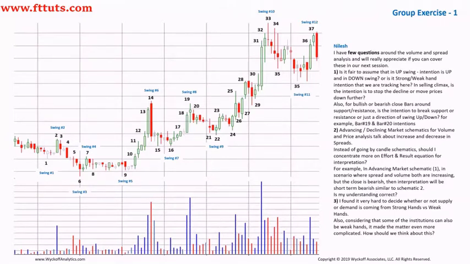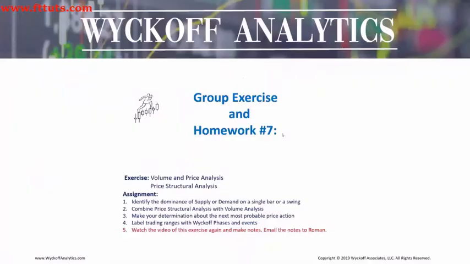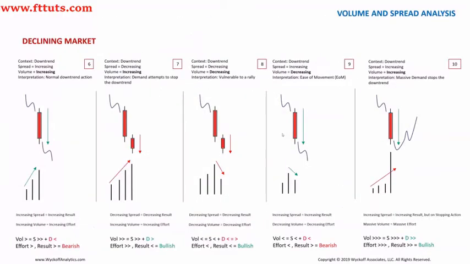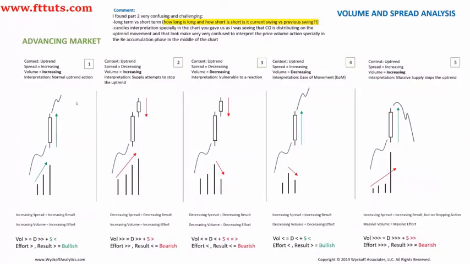Can close be bearish in schematic number 1 since this is bullish? Okay, so from Armand. In schematic number 1, are we talking about this in the advancing markets? Yeah, I'm assuming. That's the only schematic that we're looking at. Can close be bearish here?